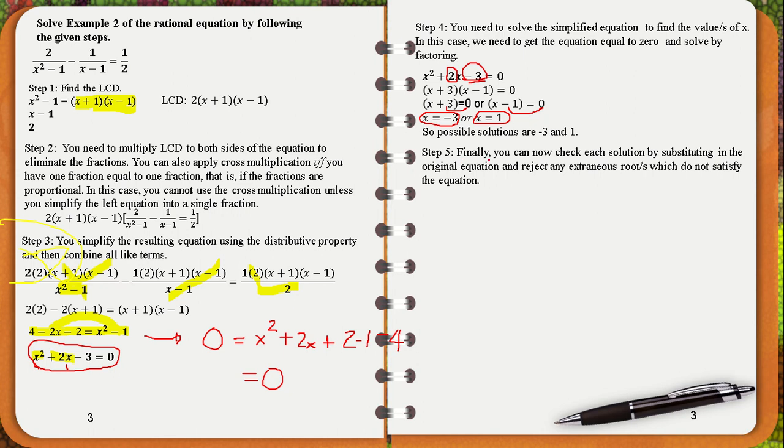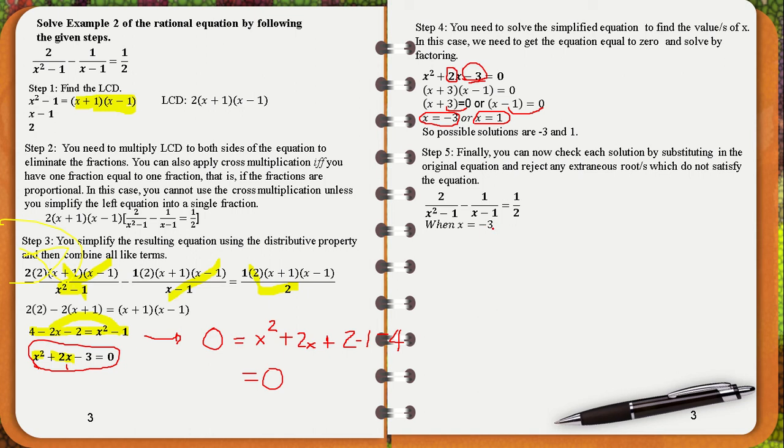So, step 5, finally, you can now check each solution by substituting in the original equation and reject any extraneous roots which do not satisfy the equation. Okay, so ito yung original equation natin. 2 over x squared minus 1 minus 1 over x minus 1 is equal to 1 half when x equals negative 3.